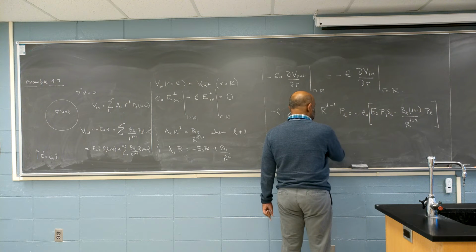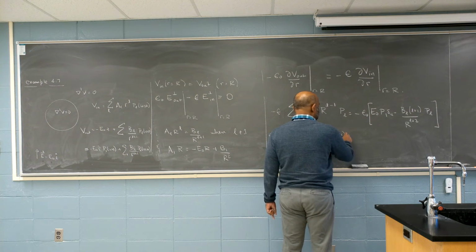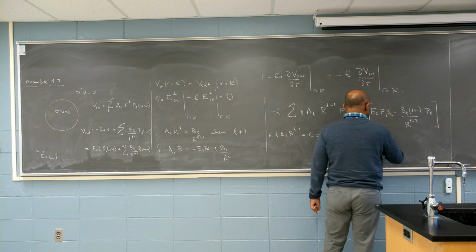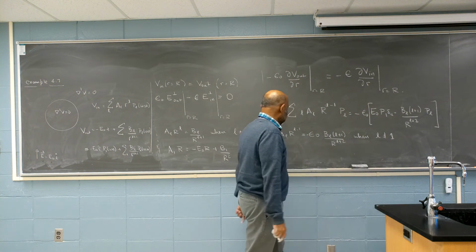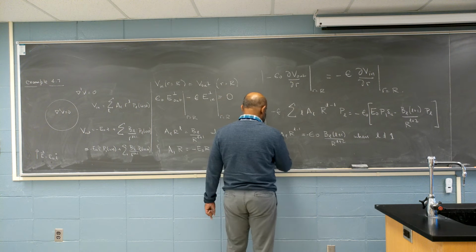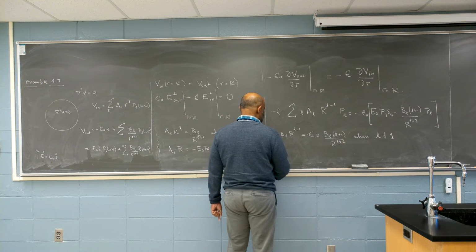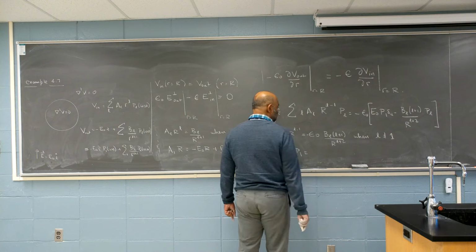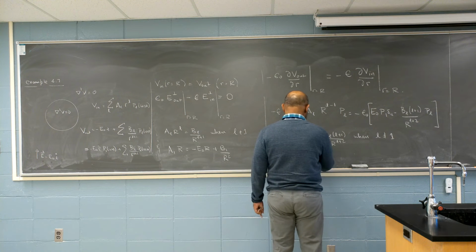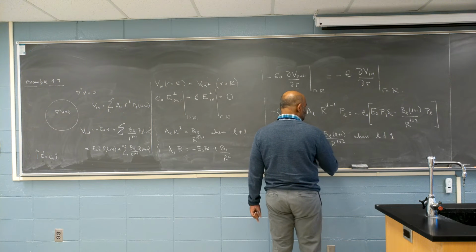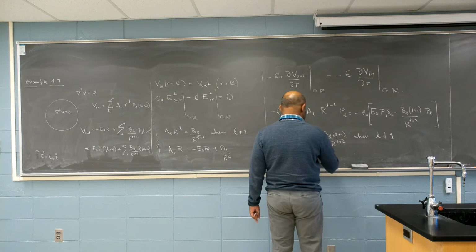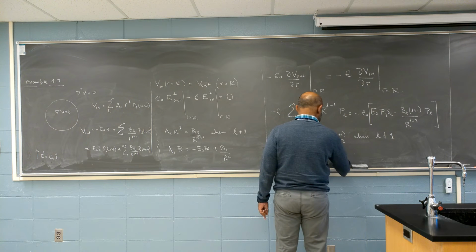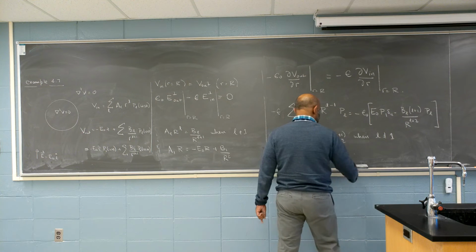I would get B_L, L plus 1, R to the L plus 2 when L is not equal to 1. Then when L is equal to 1, I get epsilon naught A_1 P_1 is equal to E_0 minus B_1 2 R cubed.